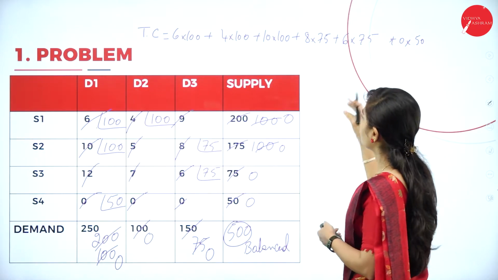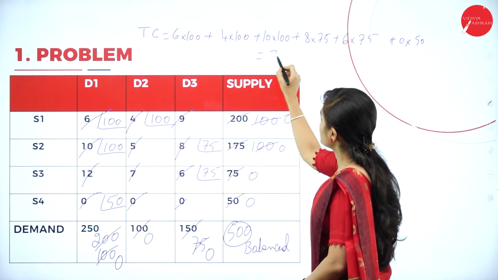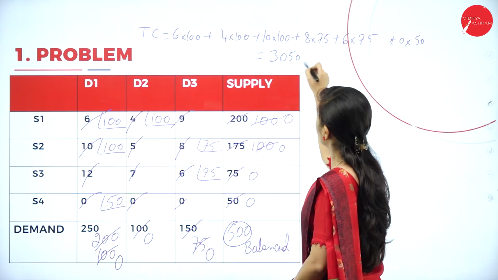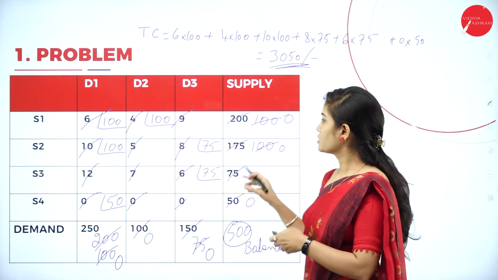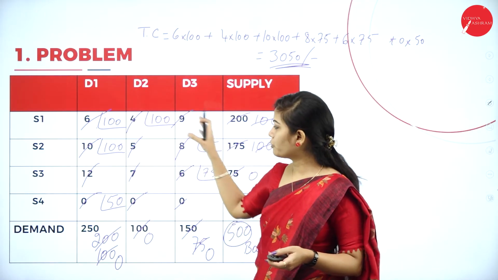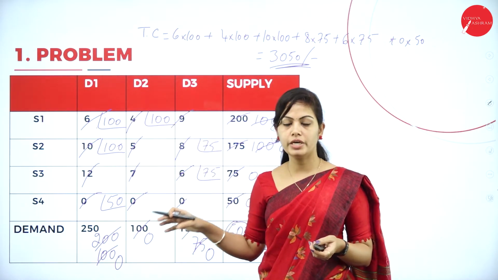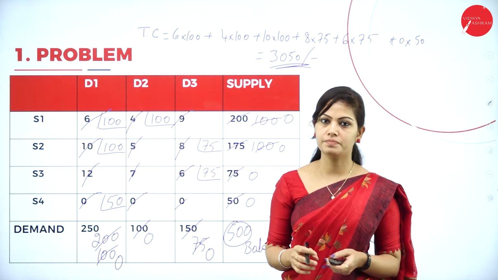So here find the transportation cost. The final answer is 3050 rupees. This is your transportation cost. So this is called the least cost method. Here you have to select the least value in the cells. So easily you can find the feasible solution.